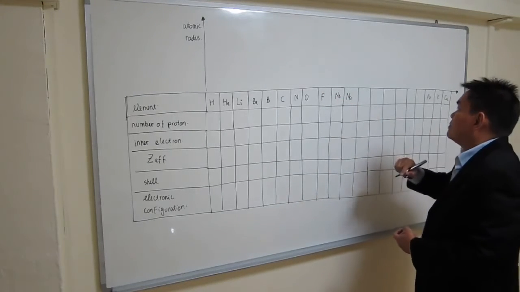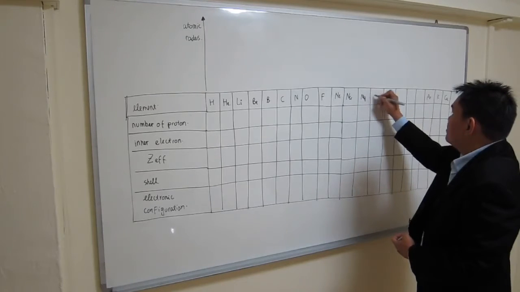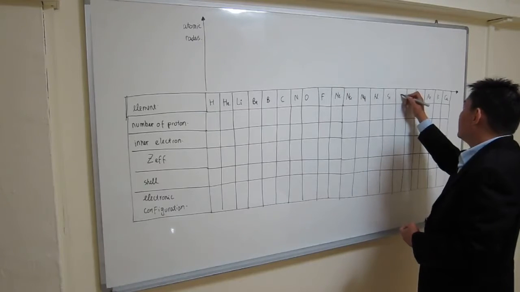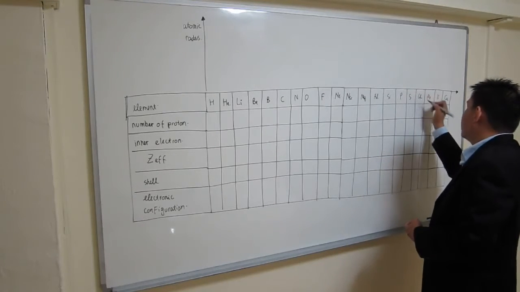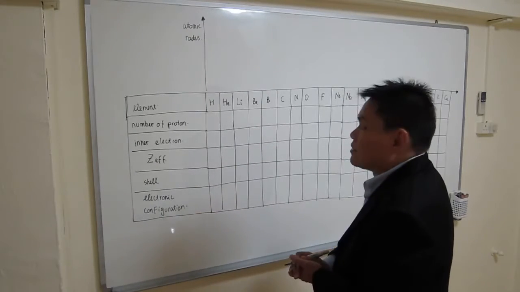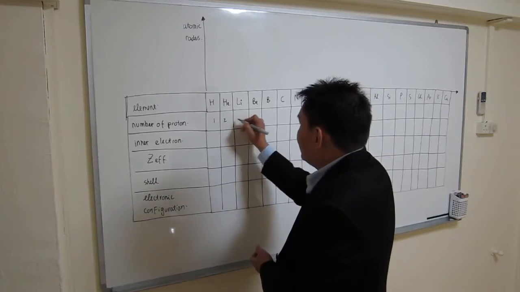neon, sodium. Now from here onwards is period 3. Magnesium, aluminium, silicon, phosphorus, sulfur, chlorine. It's easy to do that. The number of proton is also very simple.